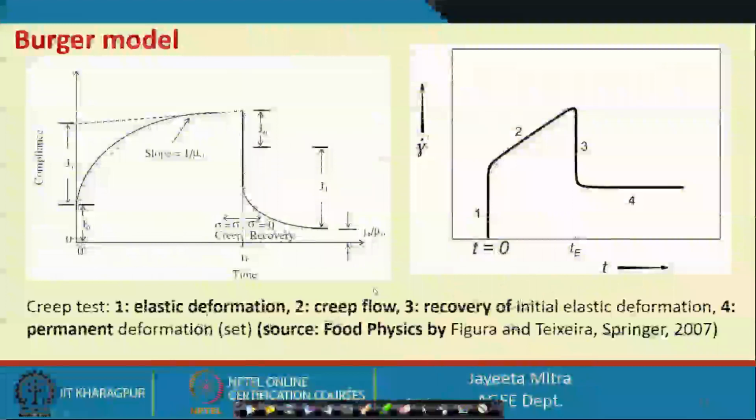Okay. So, that means the flow is increasing continuously. Then recovery of initial elastic deformation, that is 3, and 4 shows the permanent deformation or set.